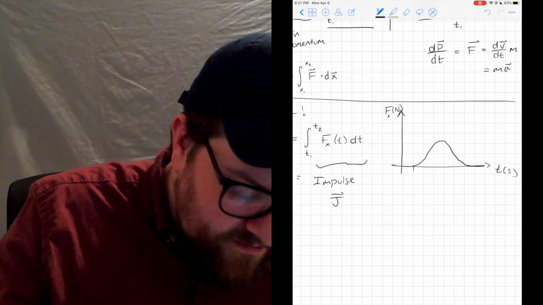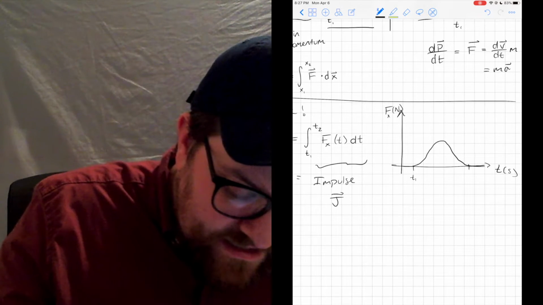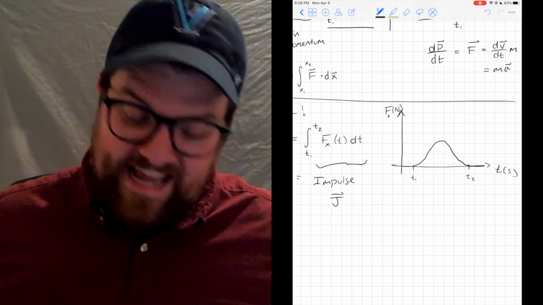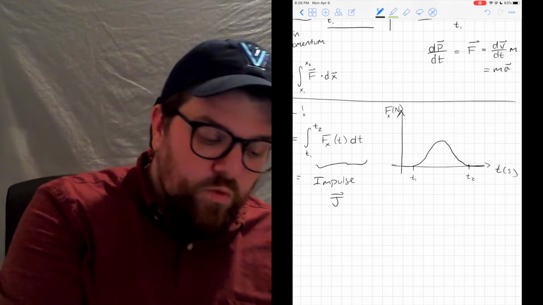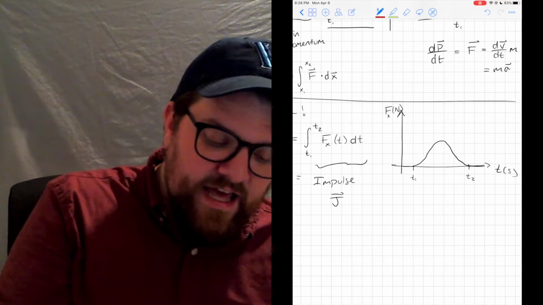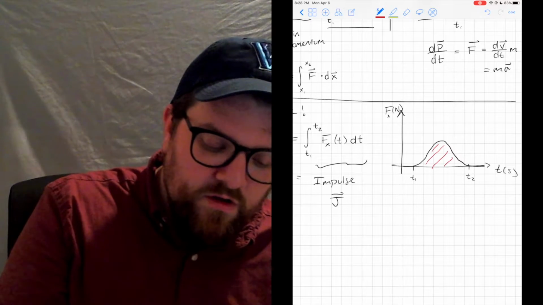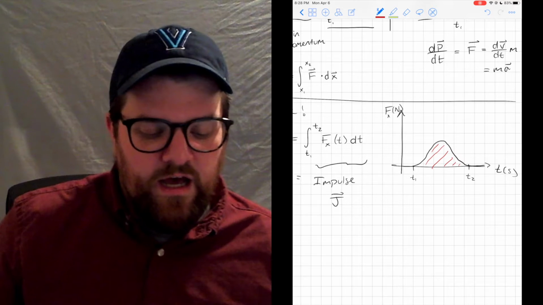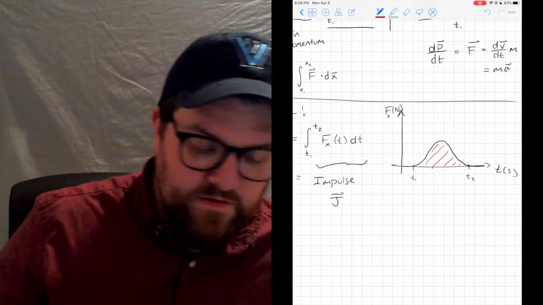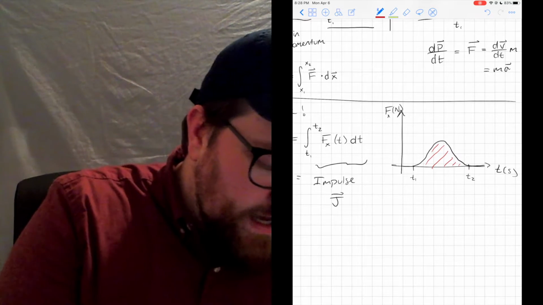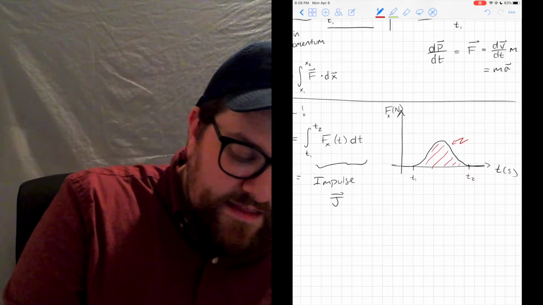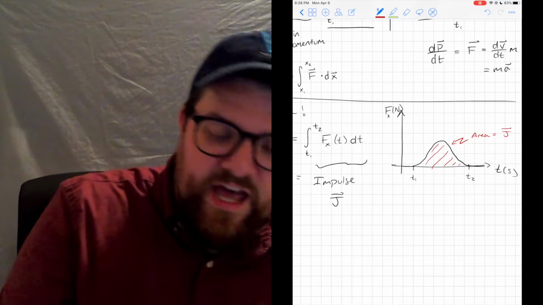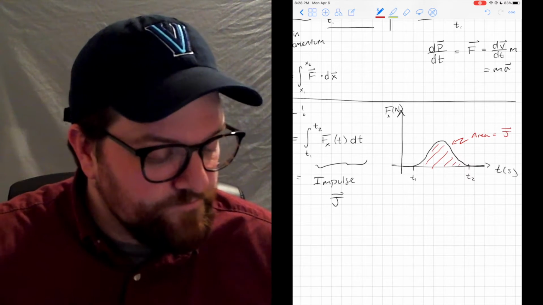So now we have t1 and t2. Definitively, these are where my force begins and ends. So what we're saying then is that the integral underneath this curve, the area underneath the curve, is equal to our impulse. That's what we can say: the area is equal to J, our impulse.